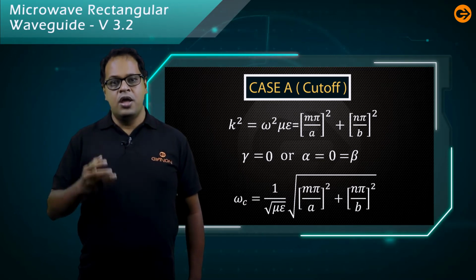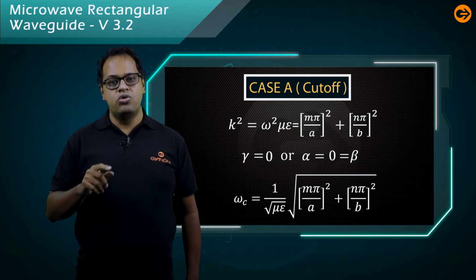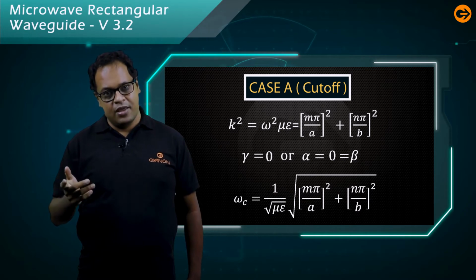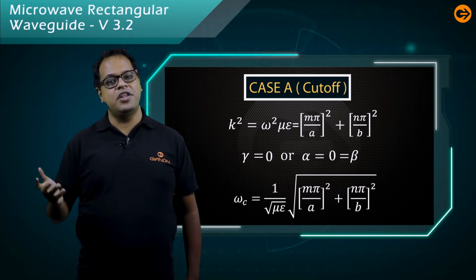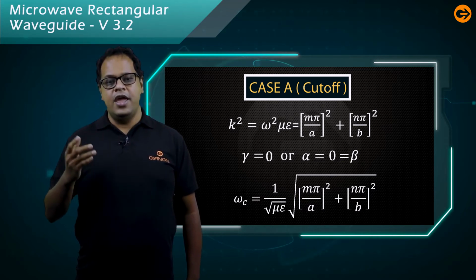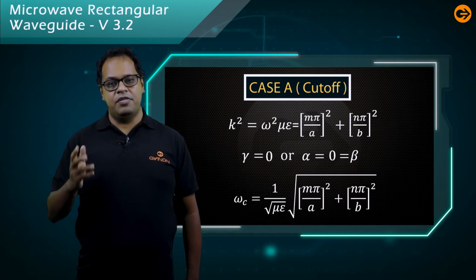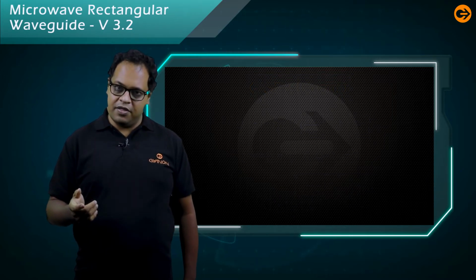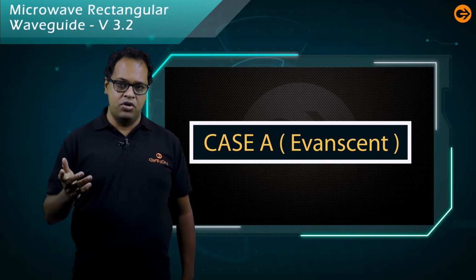So here Fc is basically u by 2 root over (m pi by a) square plus (n pi by b) square. But in the case of air, this u is converted to the velocity of light, that is c. So the equation becomes Fc is equal to c by 2 root over (m pi by a) square plus (n pi by b) square.